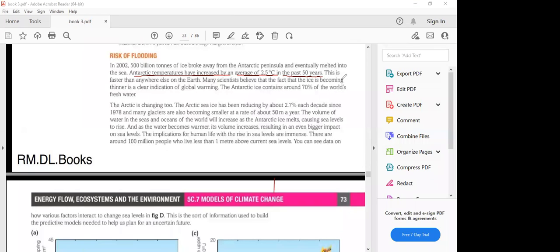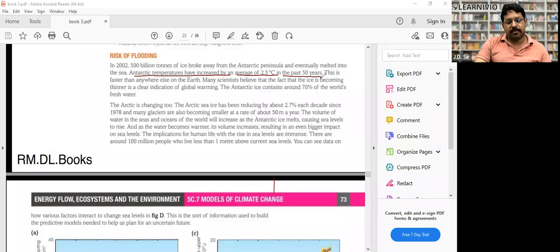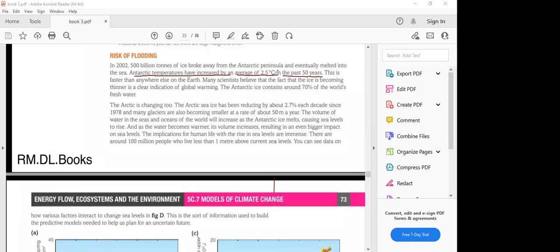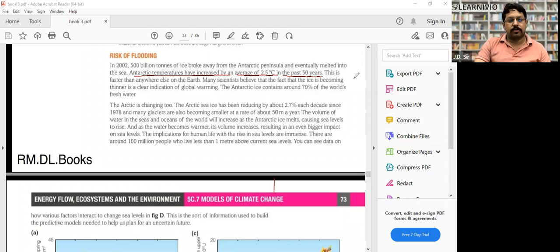What was the average before the 50 years? It's not mentioned over here, but whatever the present time is, that is 2.5. The earlier value is less than 2.5. It will be in minus, an extreme minus. It may be minus 40 even around. This is faster than anywhere else on the earth.